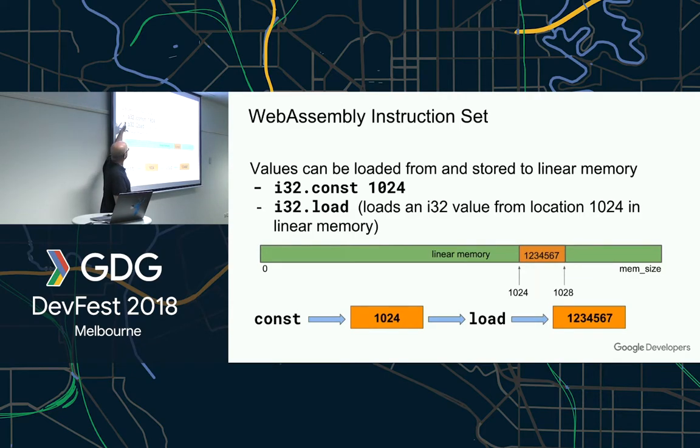These are two instructions: I'm loading a constant, 1024, and then I'm indirect loading the value at address 1024. The constant instruction puts 1024 on the stack. The load instruction takes that value, pulls it out of memory, and shoves it onto my stack. So that's how basic the instruction set is. It's really very, very small.